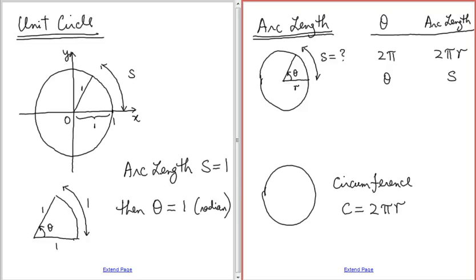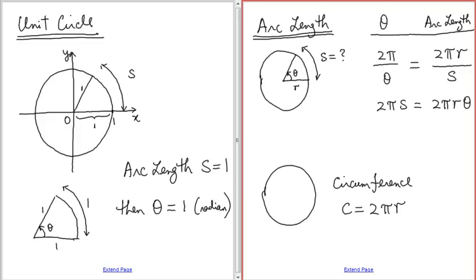S. So I set this up as a proportion. Make it like this. Cross multiply, we got 2 pi s equals 2 pi r theta. My ultimate goal is to get the s by itself.